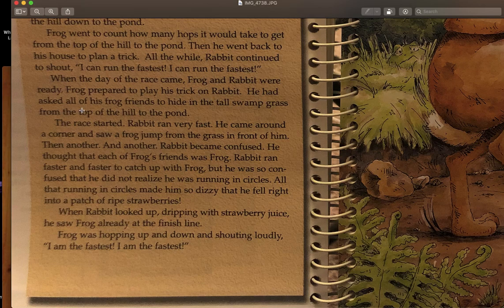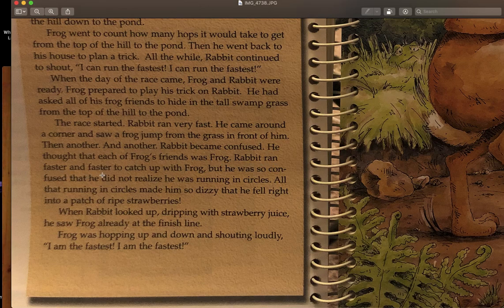He had asked all of his frog friends to hide in the tall swamp grass from the top of the hill to the pond. The race started. Rabbit ran very fast. He came around a corner and saw a frog jump from the grass in front of him. Then another and another. Rabbit became confused. He thought that each of Frog's friends was Frog.